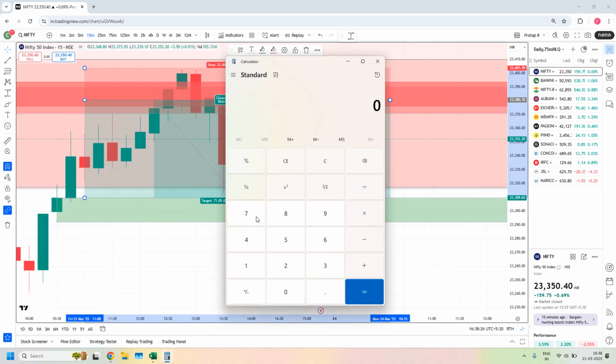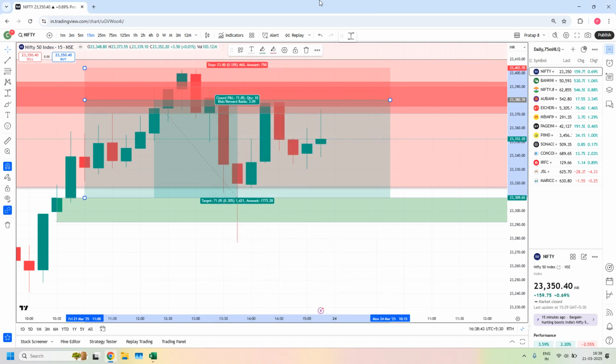How much percent? Say on 10,000 rupees you are adding 10 for 100, how much? 100 into 10 divided by 10,000. So that is equivalent to 0.1%. Adding 0.1% extra risk won't impact your RR, risk reward calculations, right?